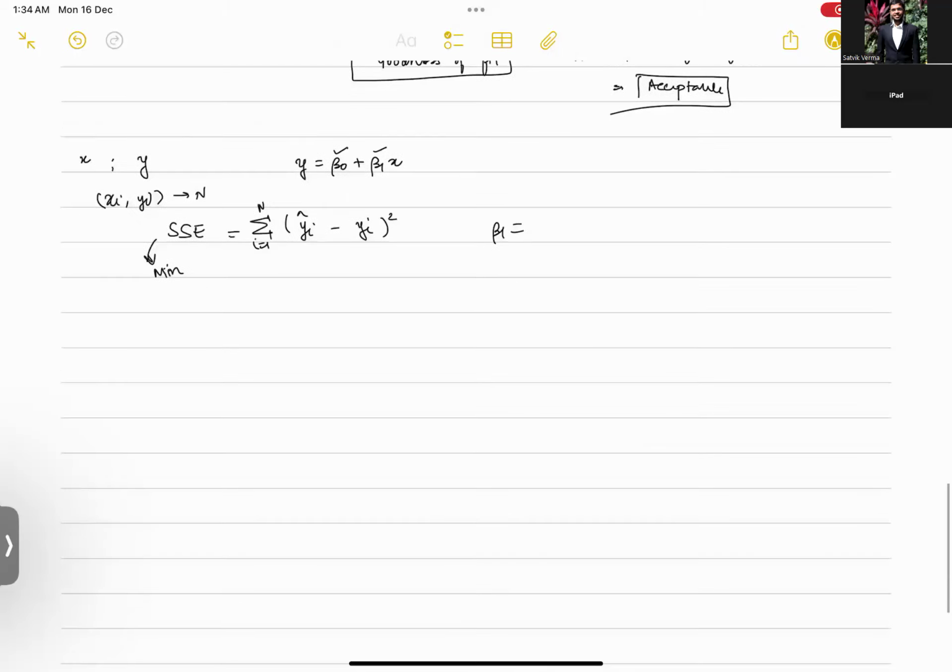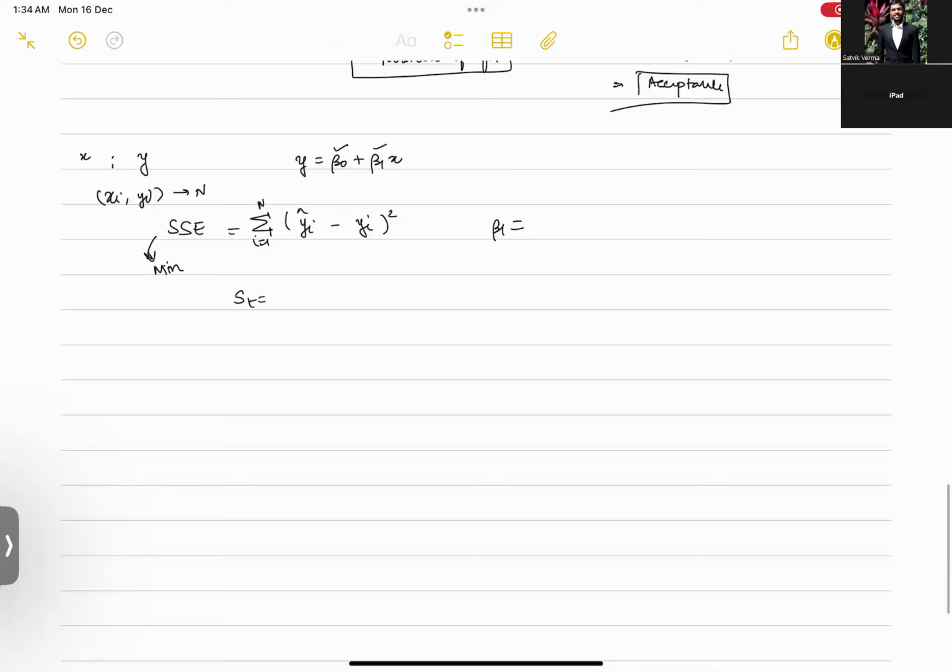And based on that, we can get the predicted values. Now, we can also calculate the total sum of squares, which is summation yi minus y bar whole square. Remember, yi is not the predicted value here. This is the data point or the actual value. When we get the total sum of squares, we can evaluate the coefficient of determination or r square, which is 1 minus SE by S total.